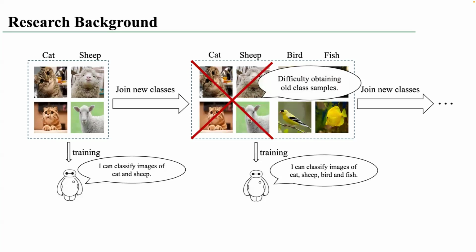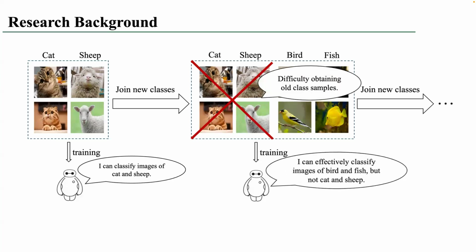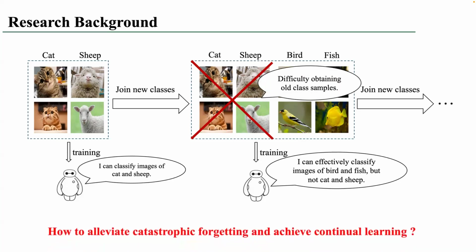As a result, after updating the system, it can classify birds and fish, but fails to recognize cats and sheep. This phenomenon is known as catastrophic forgetting.